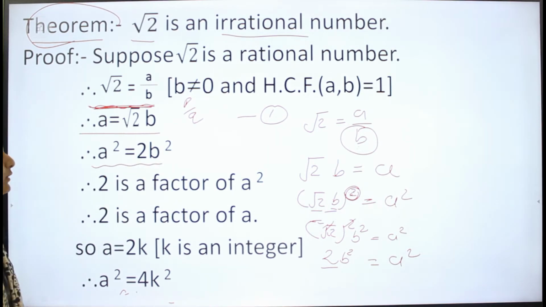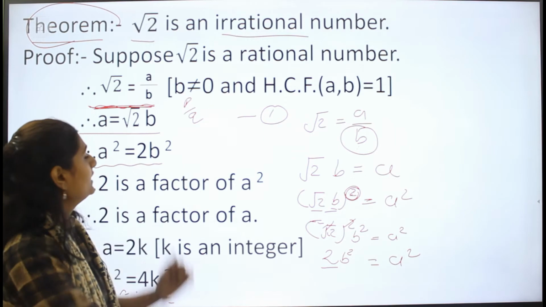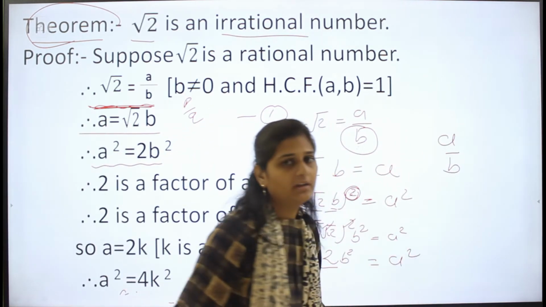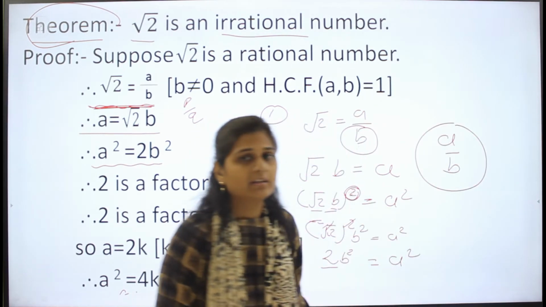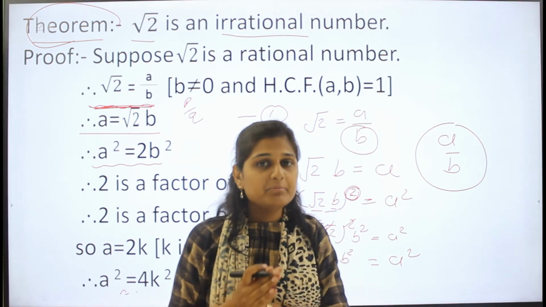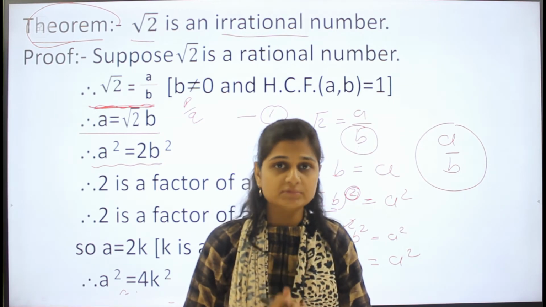Okay, so now here is the condition that all of you should know about. Whenever we are taking P by Q or A by B, this condition is necessary: both of the values should be co-prime numbers.